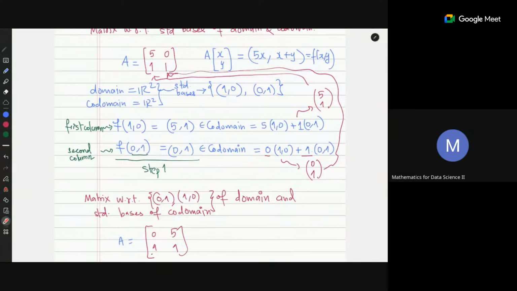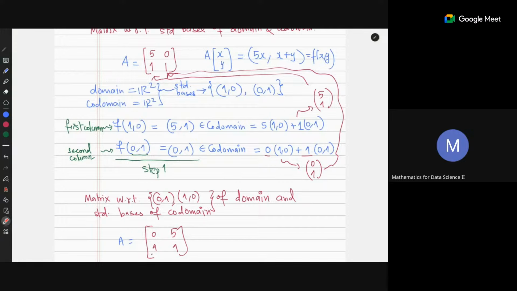We already know from the previous explanation that F(0, 1) is (0, 1), corresponding to column (0, 1). Since we kept the same basis for the codomain, the coefficients remain the same. So within the column the arrangement is the same, but the arrangement of columns is changed because we have taken a different order of the basis in the domain.